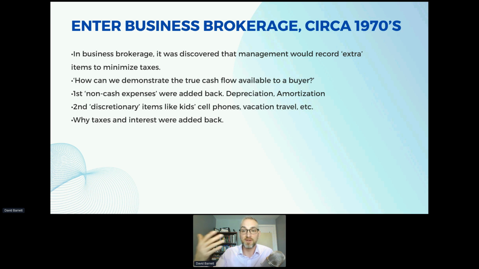It's some kind of accounting thing, and we're going to dig even deeper into depreciation here today. And then there were discretionary items, things like having your teenage daughter's cell phone be a company cell phone, or going on vacation travel, but writing it off as business travel, right? And so people would then start to add these back as well.